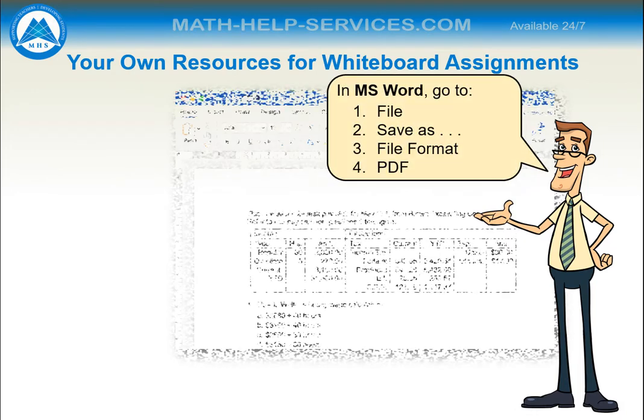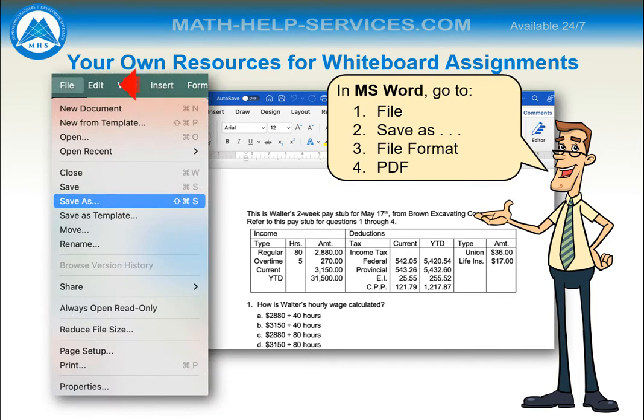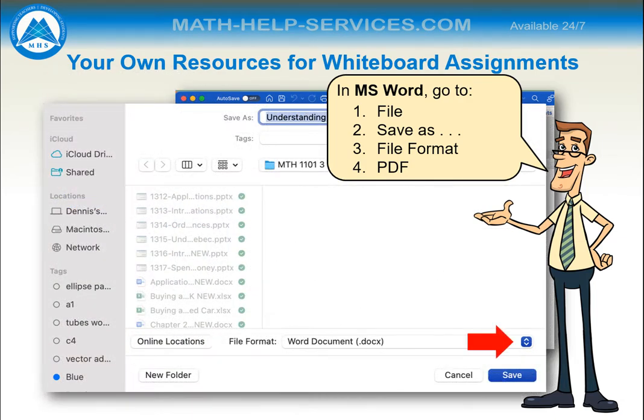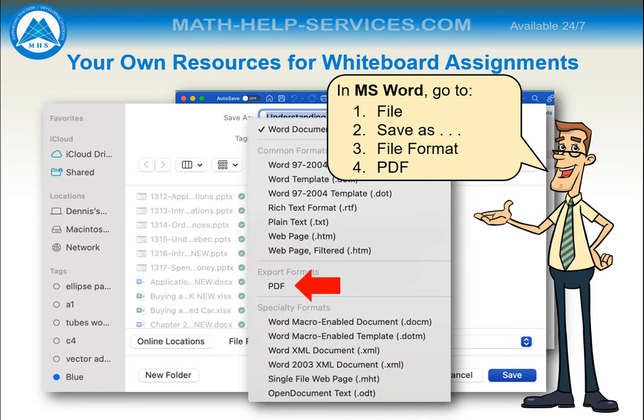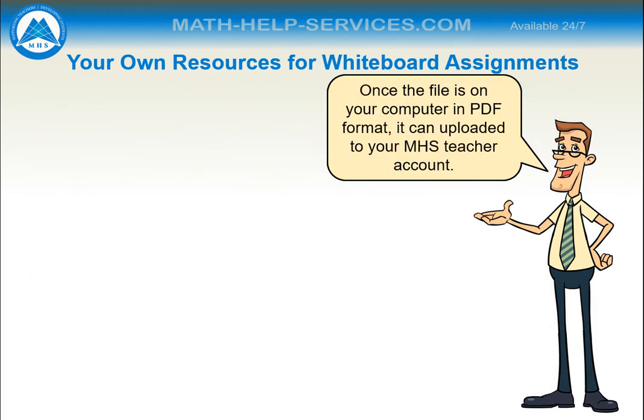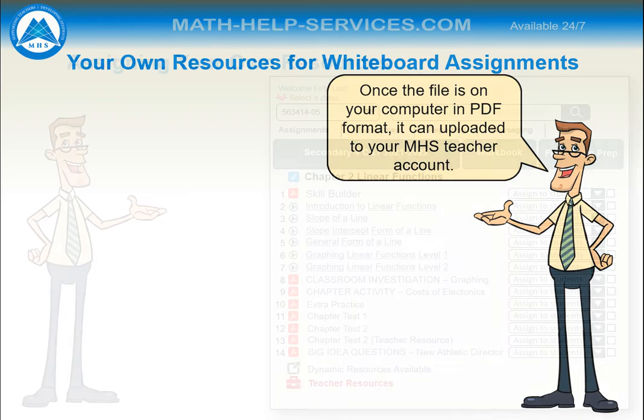In MS Word, go to File, Save As, File Format, and PDF. Once the file is on your computer in PDF format, it can be uploaded to your MHS teacher account.